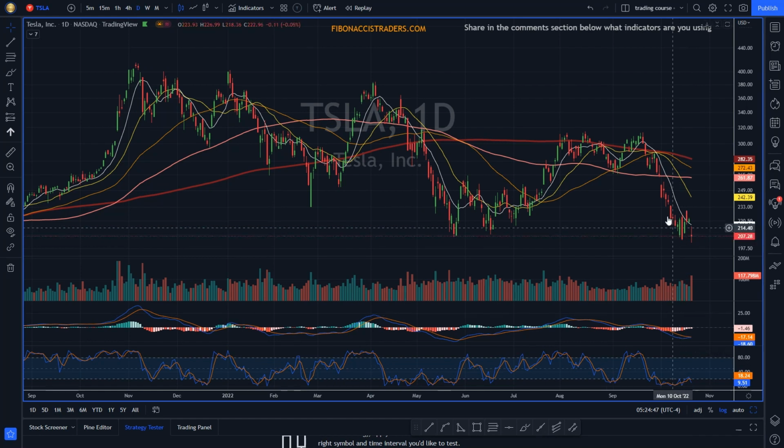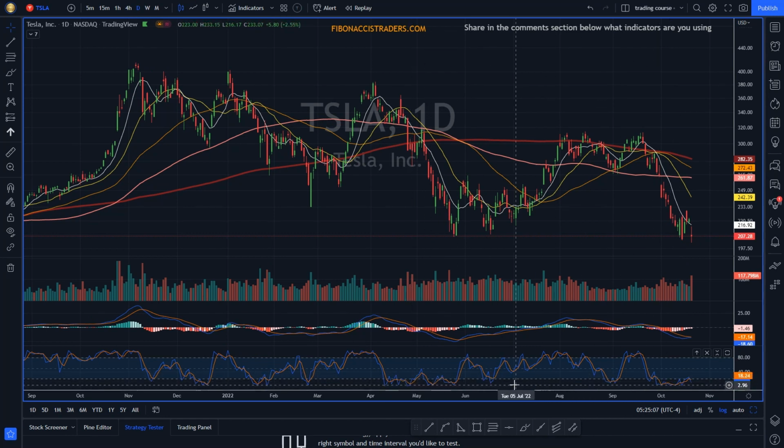Now the other group will say short. Why? Because it's all the way below all the major, famous MAs, and oversold can stay oversold for a long time.